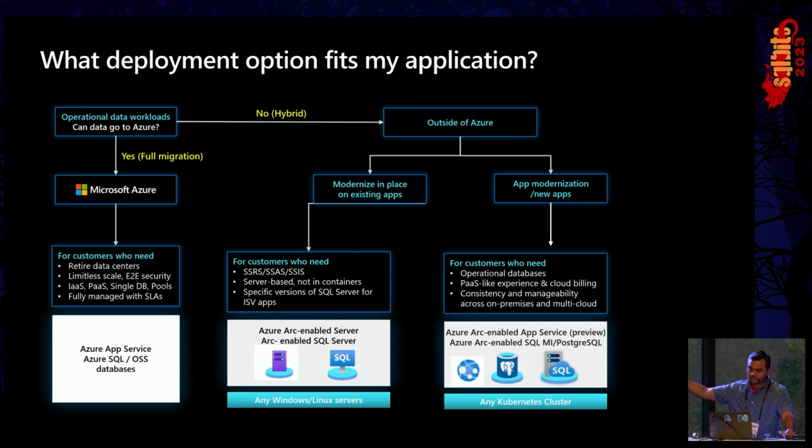Once you get outside of Azure, you have two paths, right? If you're locked into a specific version of SQL Server, or you want to continue to take care of and maintain your own SQL Servers, you don't want the PaaS benefits, or you have a dependency on things like SSIS, SSRS, right? Those things don't run on Linux. So they're still Windows-only services. So if you have a dependency on any of those services, or you don't want to migrate to a Kubernetes-based SQL instance, you can Arc-enable that SQL Server and still get some benefits.